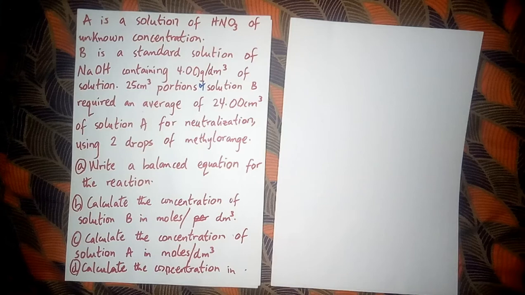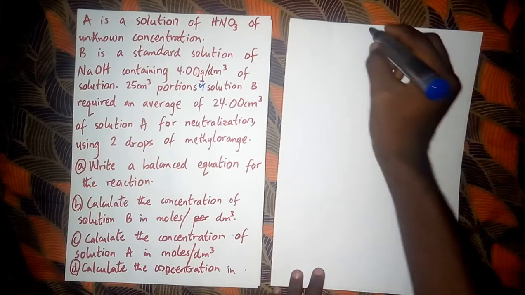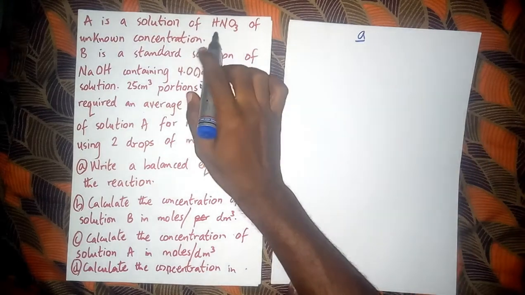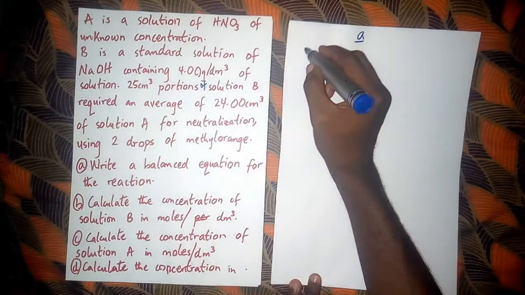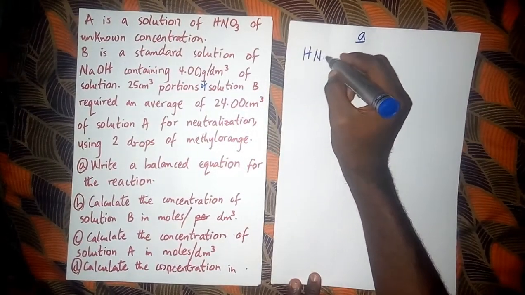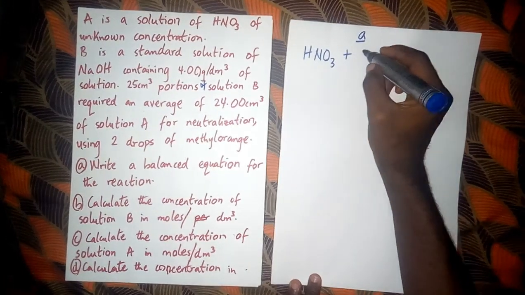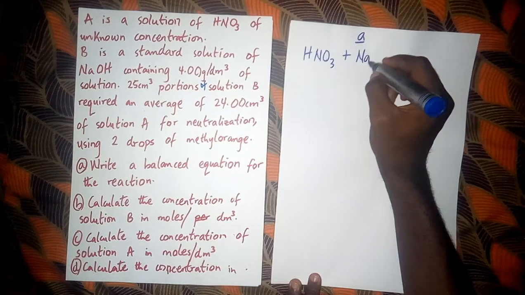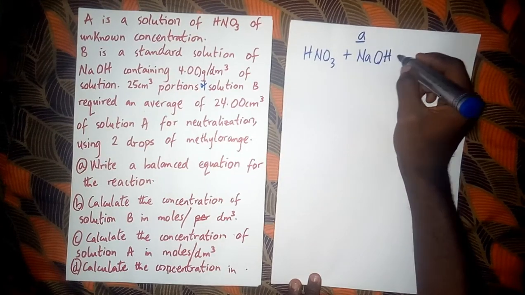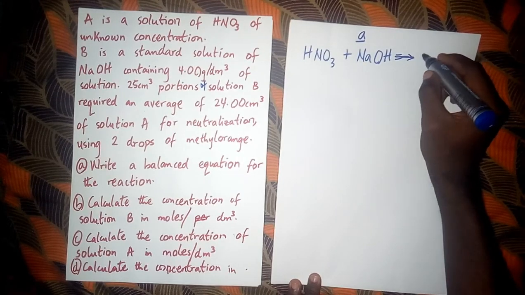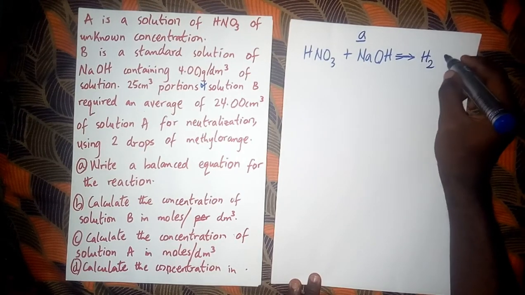For the balanced equation, we have that our solution A, the acid HNO3, is reacting with sodium hydroxide. This will give us water and salt.